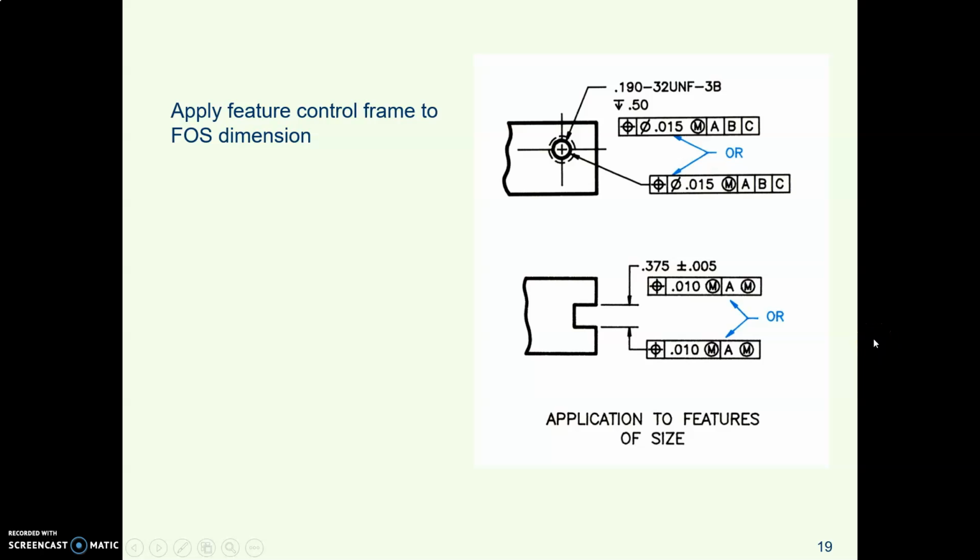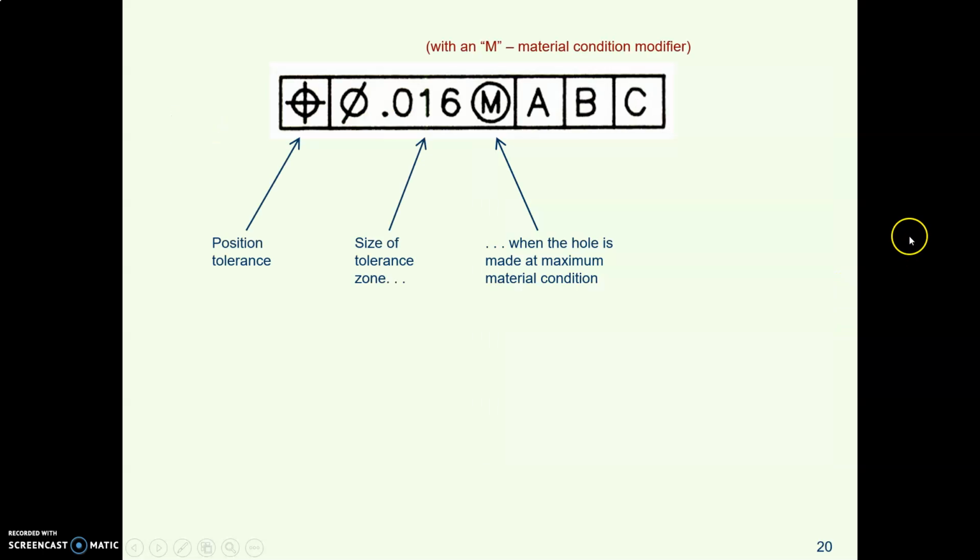We always apply these to features of size, and so we always apply the feature control frame to a feature of size dimension. And we can do that by sticking it right next to the diameter dimension or the width dimension, or we can do it by placing it opposite a dimension arrow. Here is the feature control frame.